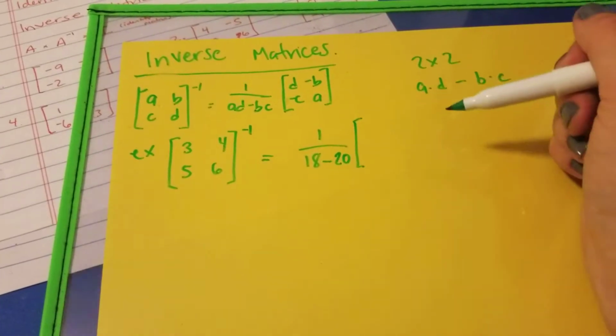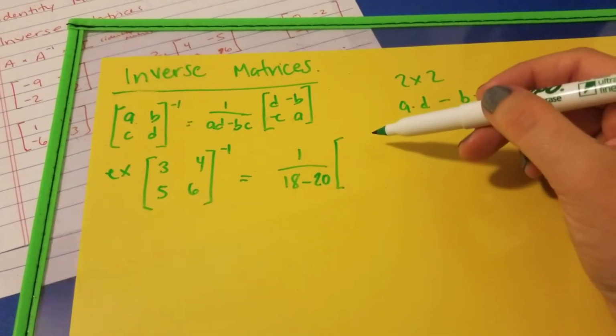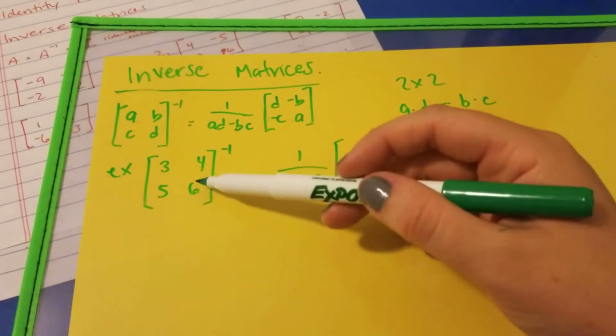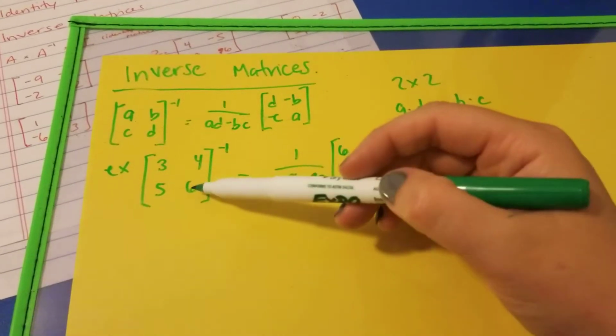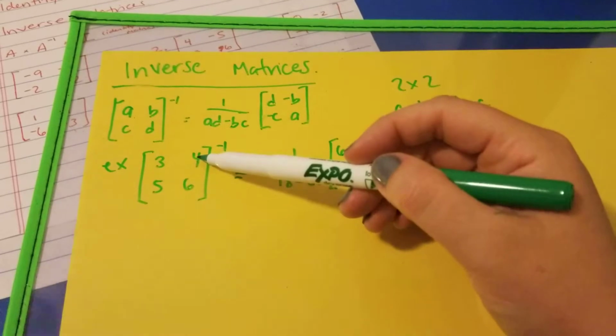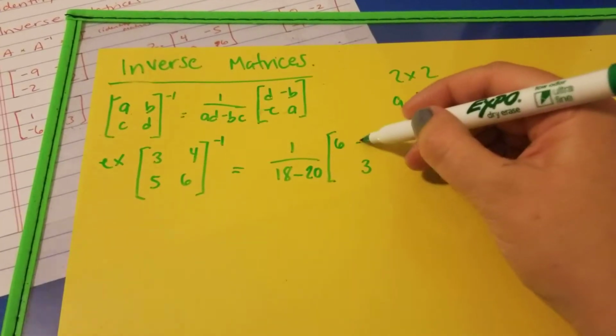Then we multiply that by the original matrix in a different order: D moves to where A is, A moves to where D was, and B and C stay in the same position, they just become negative.